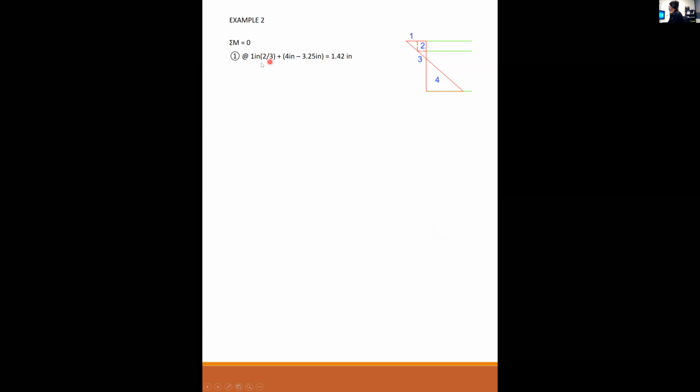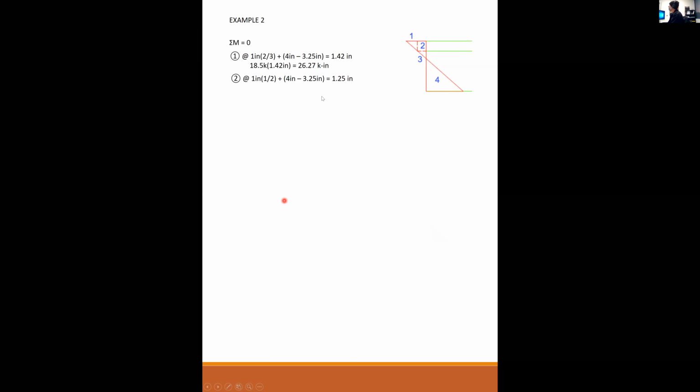So you got 2/3 of the 1 inch thickness plus 3/4 inches to get to the centroid, 1.42 inches. The resultant we found is 18.5 kips times 1.42 gives me 26.27 kip inches. And the resultant is in compression, so it's trying to turn clockwise, so it's positive.